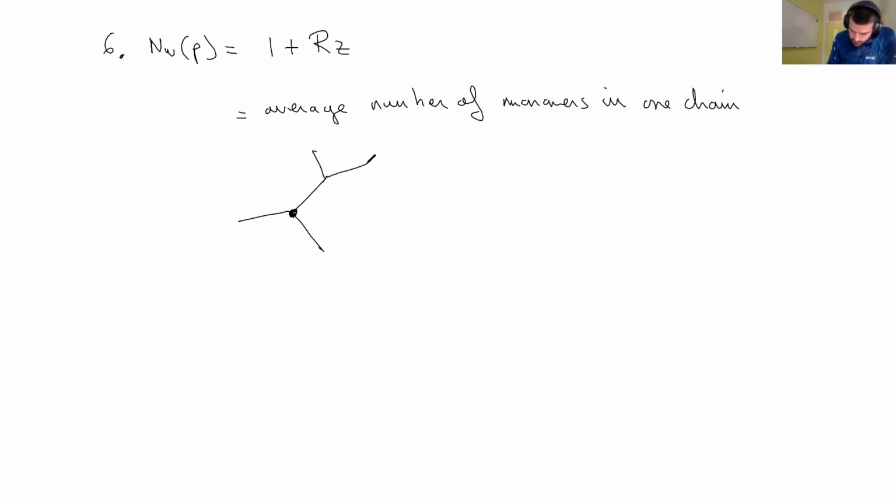In my lattice illustrated in the particular case where Z equals 3, here is my lattice. I know that this monomer is present, and then it's connected to R guys in this direction, but also R guys in this direction, and R guys in this direction.